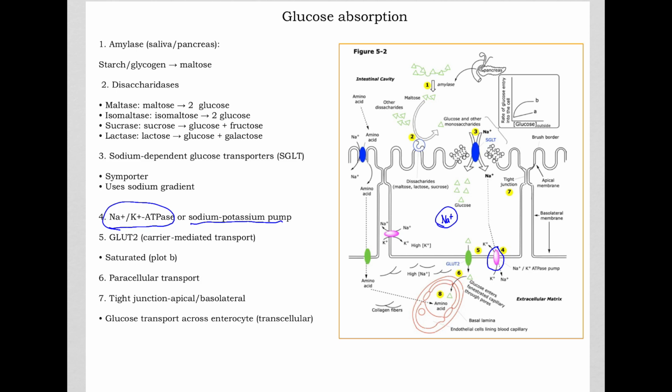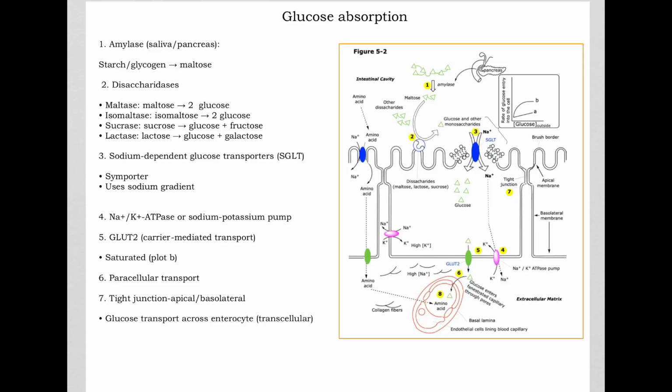This transport protein continuously transports 3 sodium out of the cell in exchange for 2 potassium coming into the cell. So basically, sodium is being continuously transported out of the cell. Of course, this pump uses ATP energy to do that. So this pump maintains a low sodium concentration inside the cytoplasm, thereby maintaining this sodium gradient.